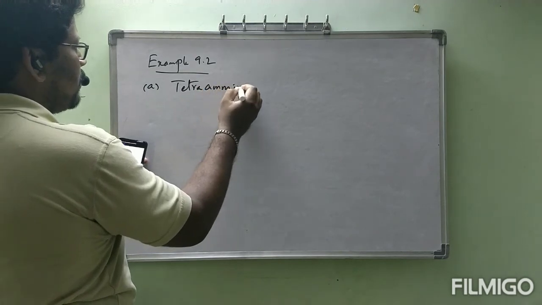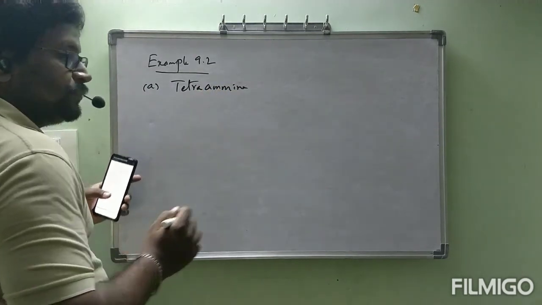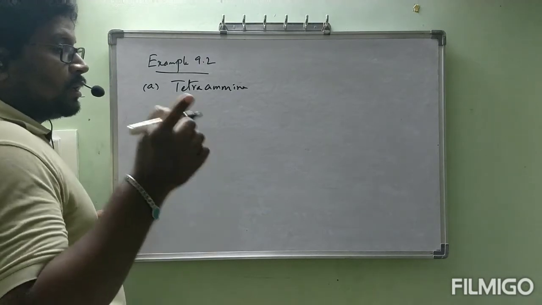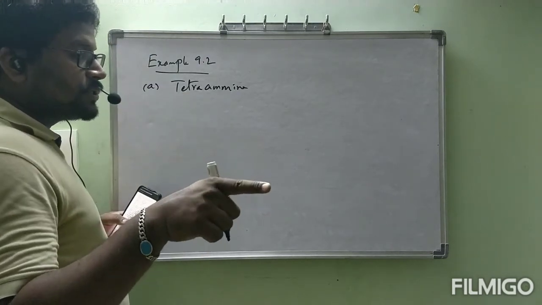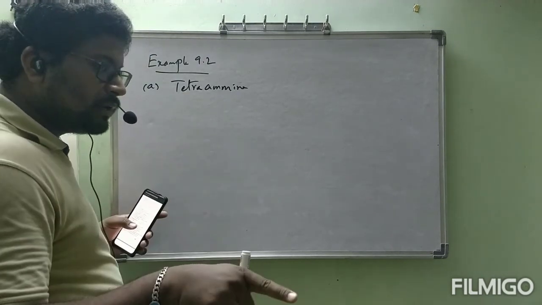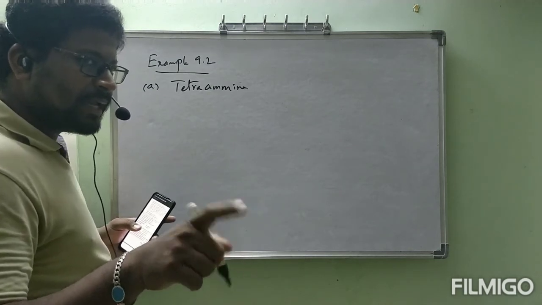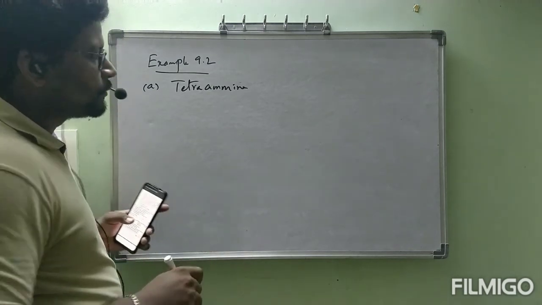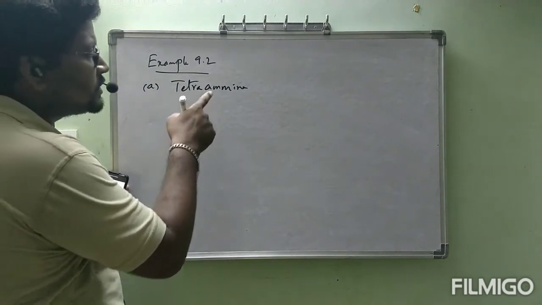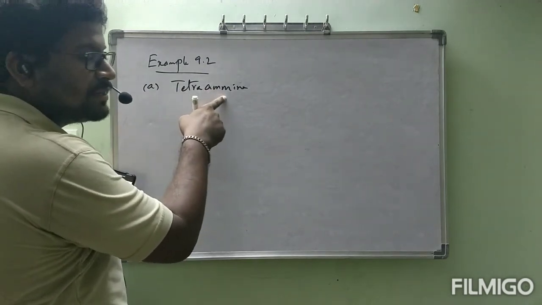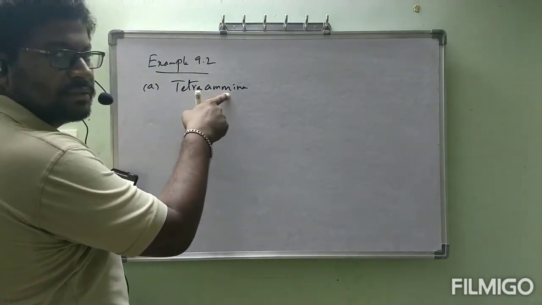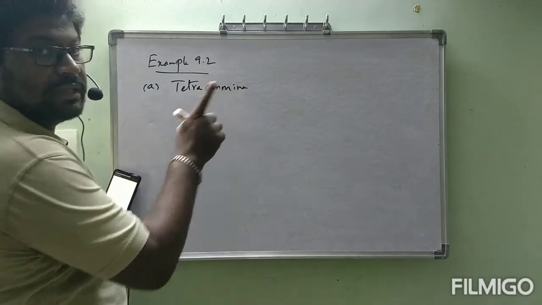Tetraammine. One clarity for you. According to organic chemistry, if you write the name of amine, the spelling is AMINE, with only one M. In coordination compounds, for NH3 ammine we are writing two M's, AMMINE. That is the clarity.